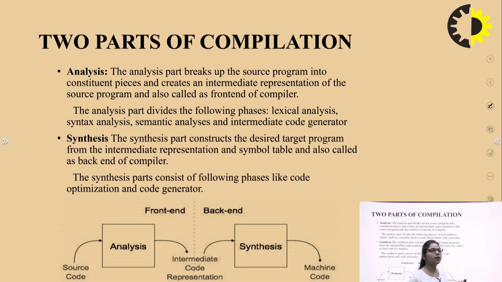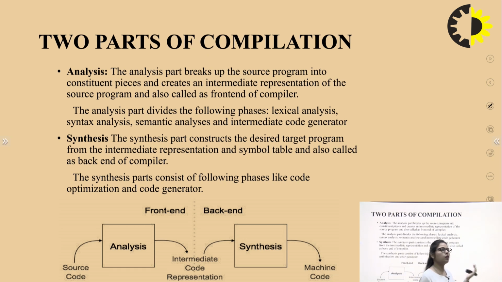So, next is the 2 parts of a compiler, like analysis and synthesis. The analysis part breaks up the source program into constituent pieces and creates an intermediate representation of the source program, and is also called the front end of the compiler. The analysis part has the following phases: lexical analysis, syntax analysis, semantic analysis, and intermediate code generator.